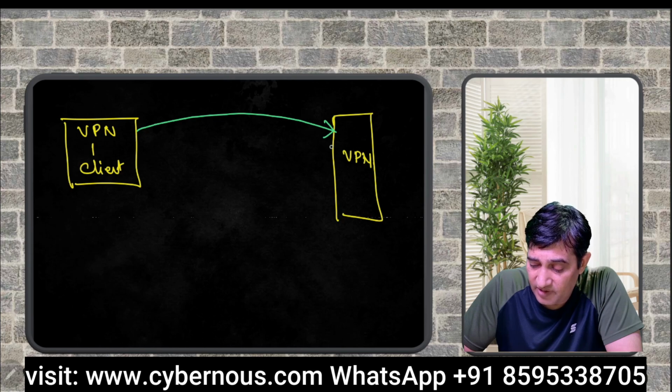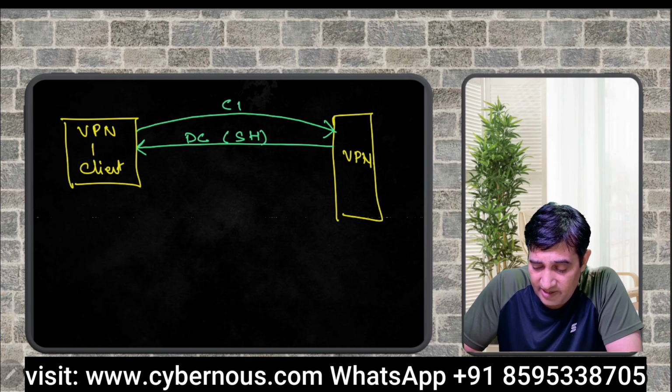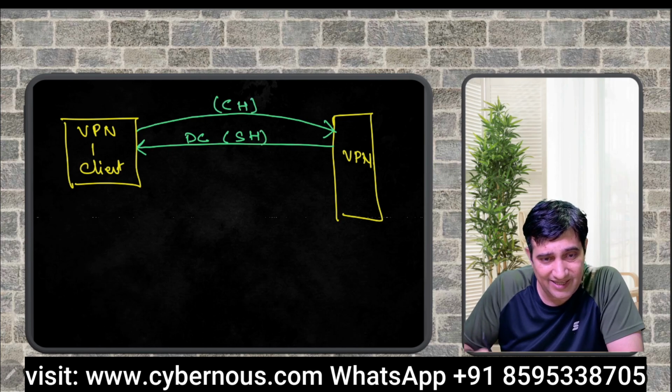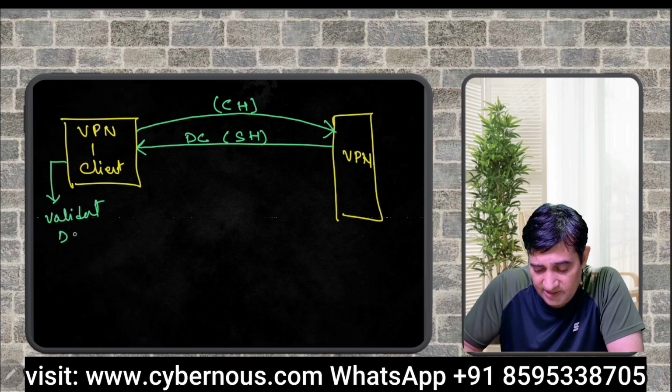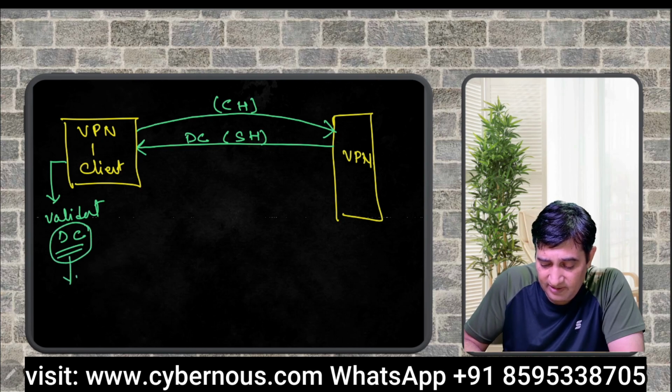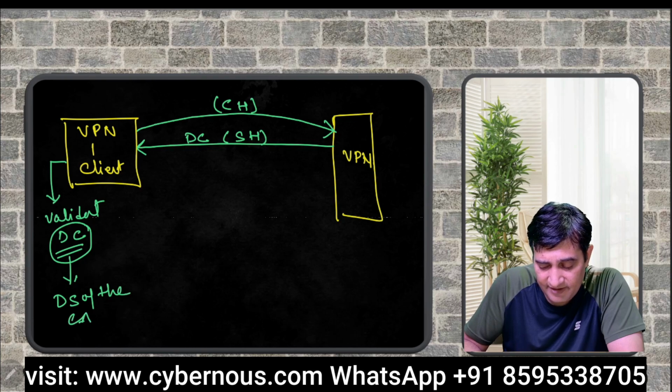Your VPN server will provide back the digital certificate plus server hello. This is client hello, this is server hello. And then once the digital certificate comes to your client, the client is going to validate the digital certificate by validating the digital signature of the CA, right?